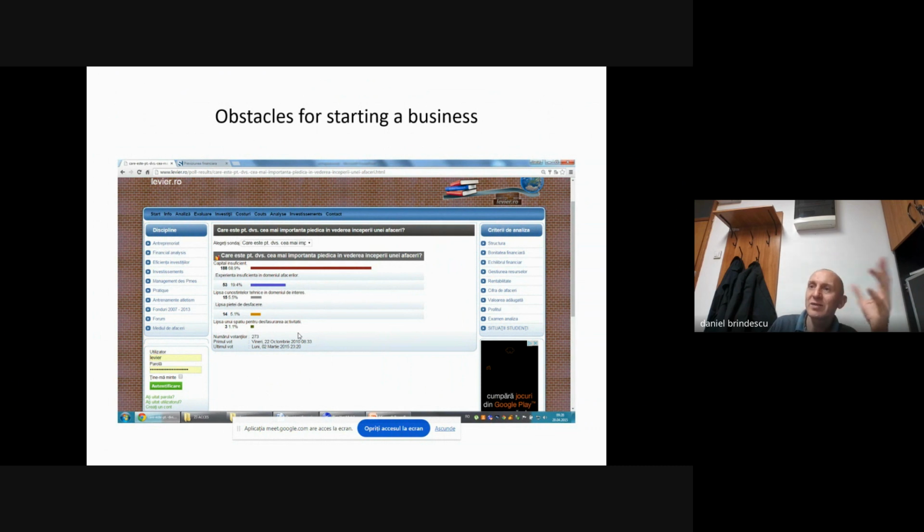You could try to access bank loans. The interest rates for sure were high back then. Then from 2007, as we entered the European Union, there were more programs with European subsidies. The ratios of financing were higher.